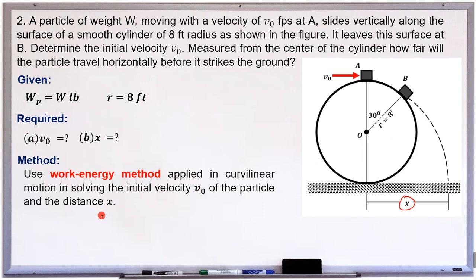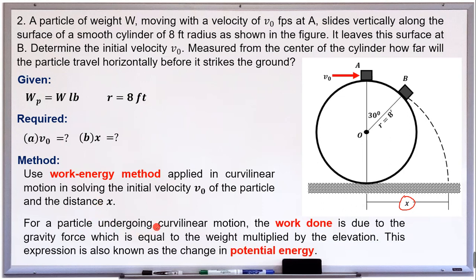Now there are some additional notes to consider if we are analyzing the interaction of work and energy in curvilinear motion. So for a particle undergoing curvilinear motion, the work done is due to the gravity force, which is equal to the weight multiplied by the elevation.